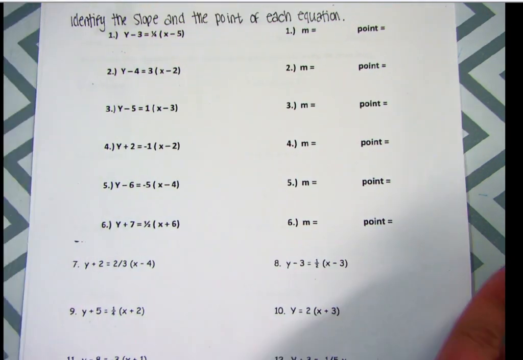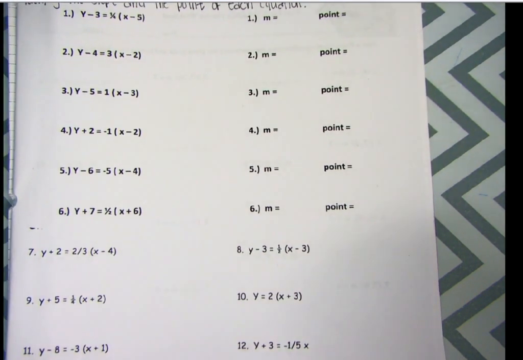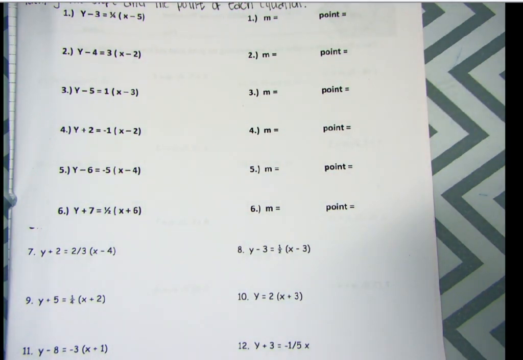Okay, online guys, I'm going to adjust this really quick so I can write the answers down. There you go. So find the slope and find the point. Remember, it's the opposite of what it looks like.